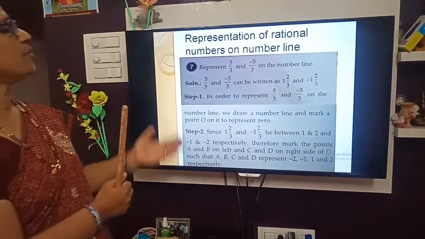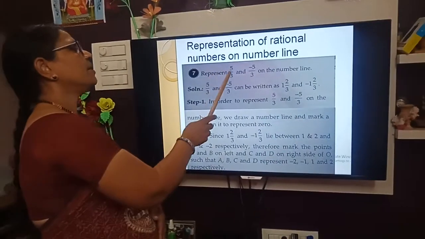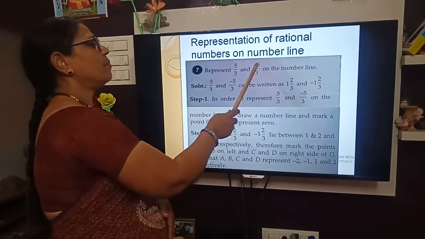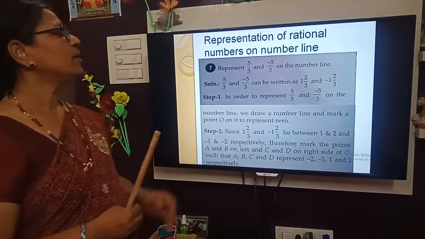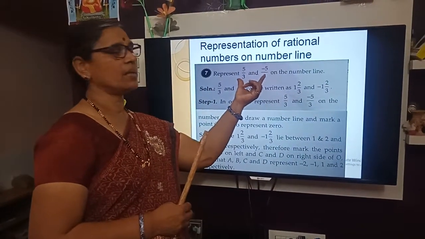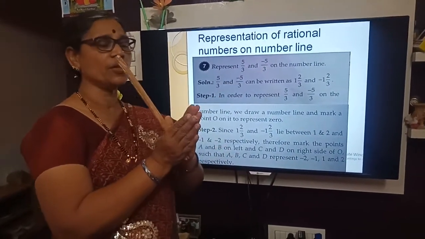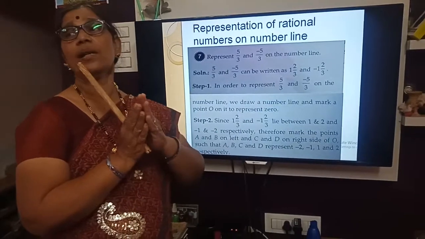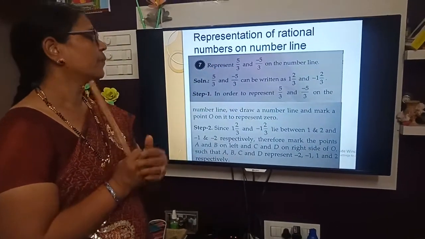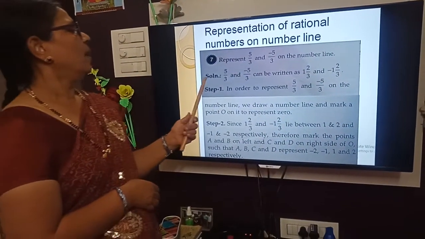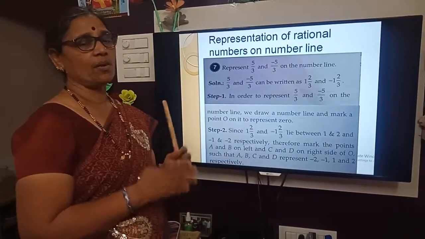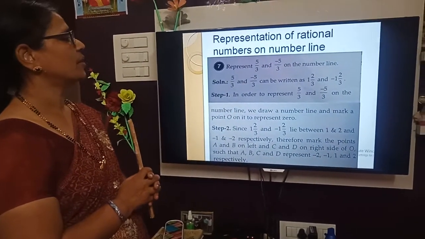Here is one example I have taken, that is 5 by 3 and minus 5 by 3. As I told, these two have the same absolute value, which means these two numbers will be at equal distance from 0. So how to represent these two numbers on the number line is the question here.